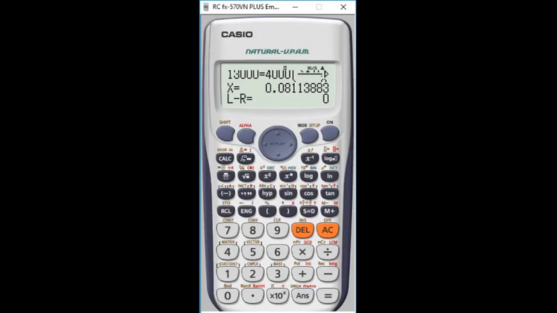The calculator is giving us the answer 0.0811, which is the required rate in order to get the required value of interest rate.